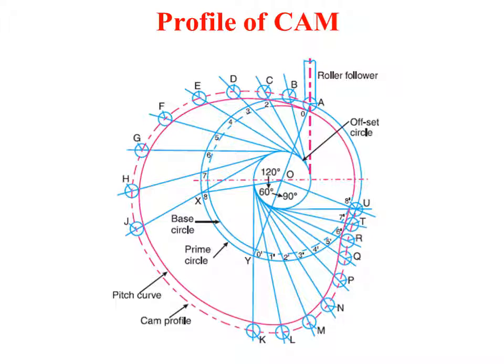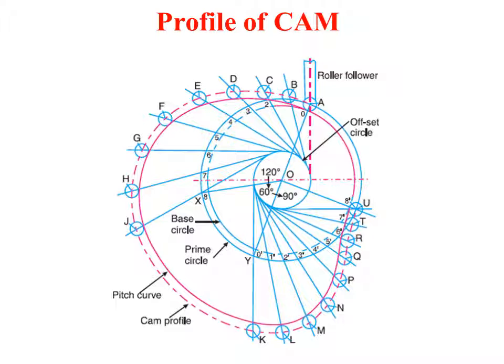There you mark the point A. From O to A, join the line OA. Now with OA as the base, represent 120 degree, 60 degree and 90 degree, that is the outstroke, dwell and return stroke respectively.